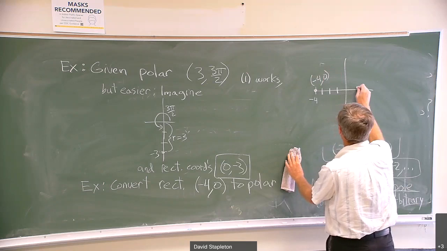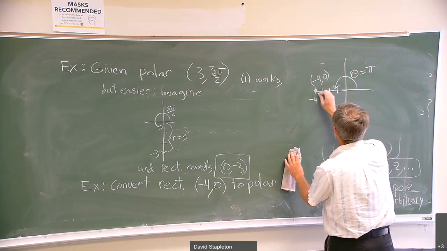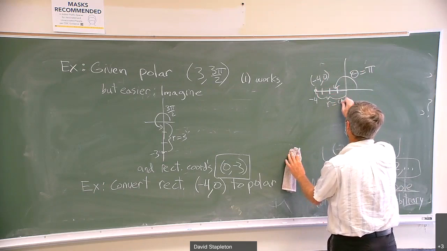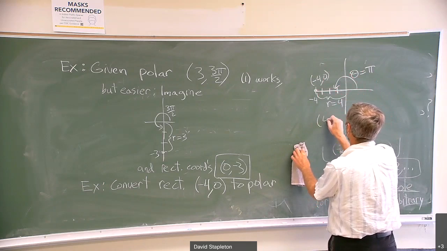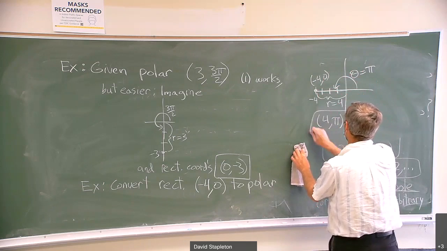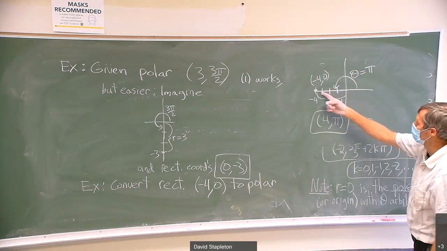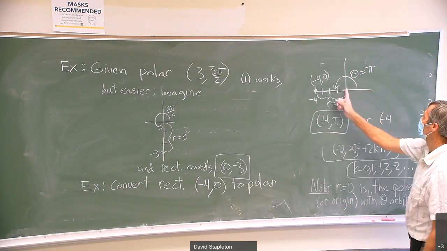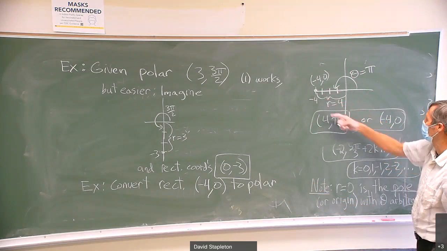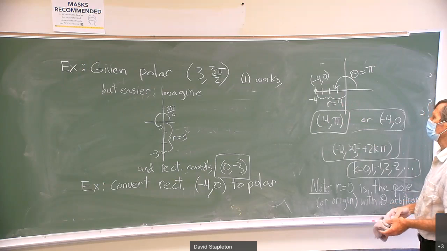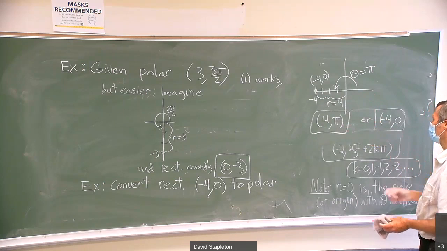And you imagine in your head, well, the straight angle I know is pi, and it goes out 4 units, so r can be 4. So I choose the angle to the point, then I choose r positive. I say polar coordinates are 4, pi. There's polar coordinates for it. Or if you want, choose r negative, then you choose minus this distance, put minus 4, and the angle theta equals 0. That's opposite. But you don't have to do any calculation. Again, you see how far out it is and put an angle that puts you on the axis. Then you can add 2k pi to either of those, of course.